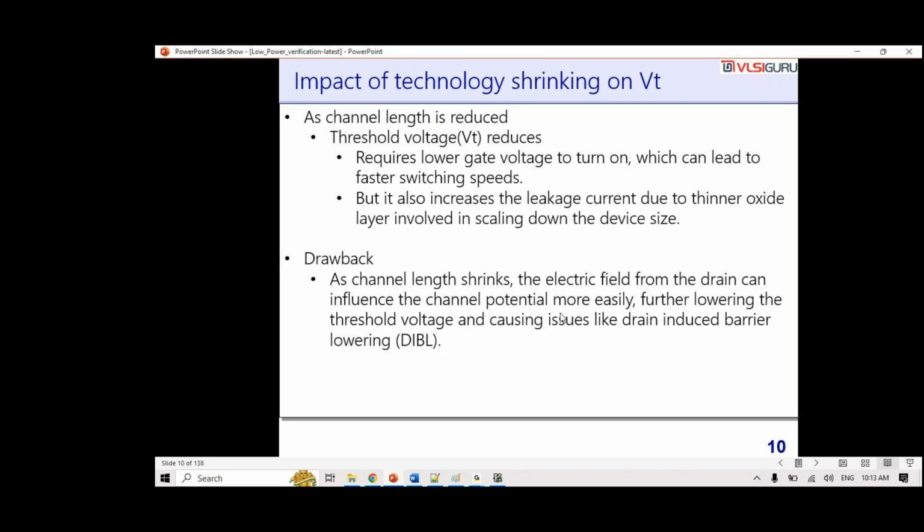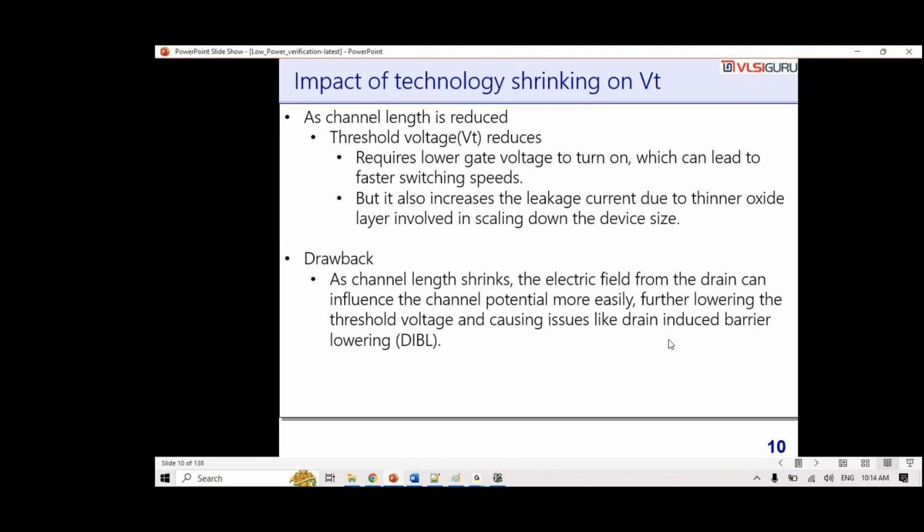I mean, not the channel formation, it can impact the channel potential more easily, further lowering the threshold voltage and causing issues like drain induced barrier lowering. So there will be some other unwanted impacts. That is what we call short channel effects in CMOS technology.